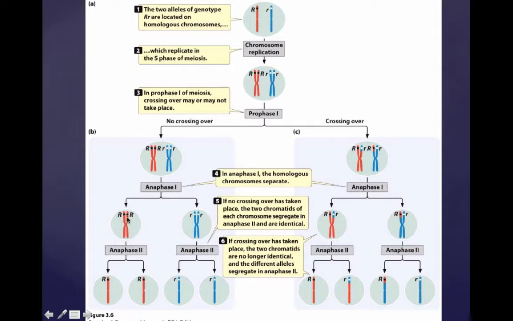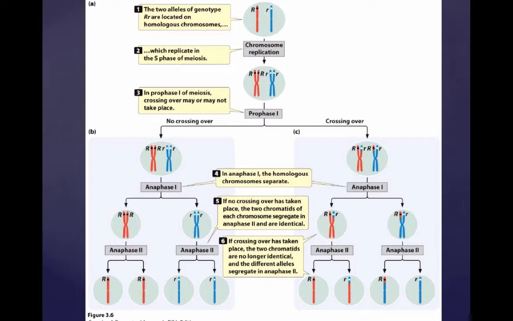So we've got our big R genotypes that are going to segregate out in anaphase 2, and then we've got our homozygous recessive genotypes that are going to filter out in anaphase 2 as well. If crossing over does take place, then the two chromatids are no longer identical, because they have one genotype and another genotype on the homologous pair of chromosomes, and that happened because of the crossing over.